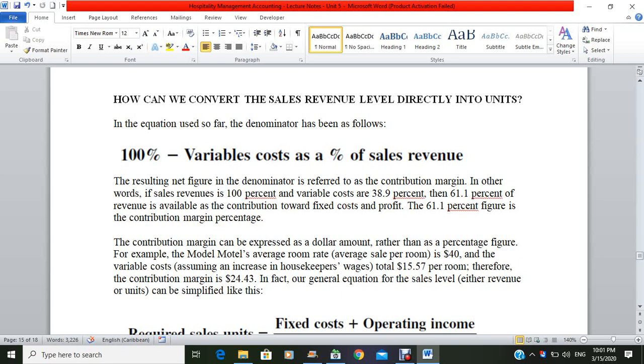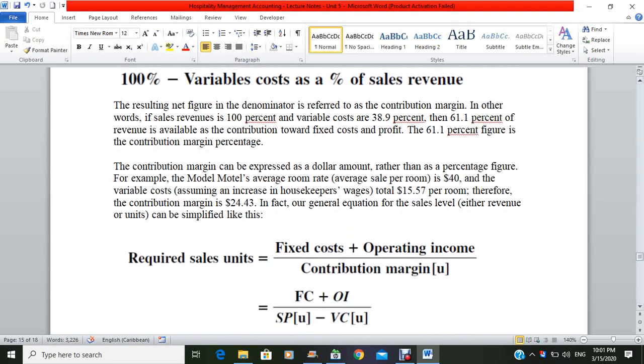That 61.1% figure is the contribution margin percentage. The contribution margin can be expressed as a dollar amount rather than as a percentage figure.